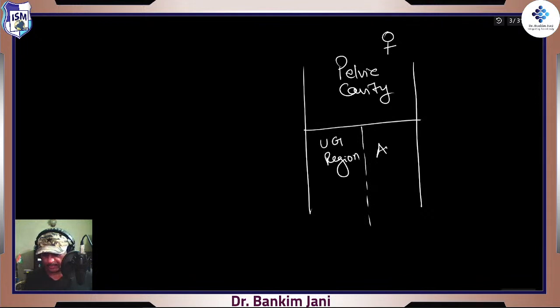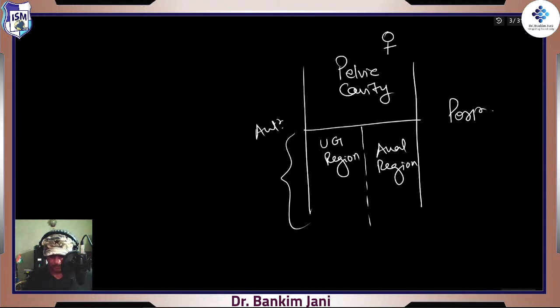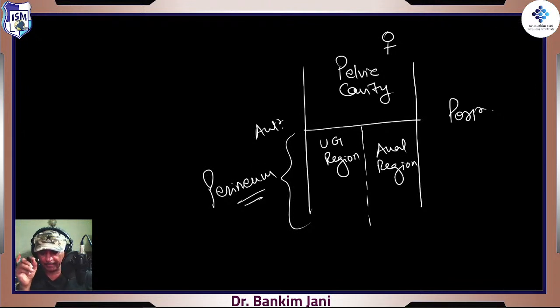And this one would be the anal region. That's anterior, this is posterior. And it is this area which is called the perineum. Remember, it is not in proportion. Today we'll see.